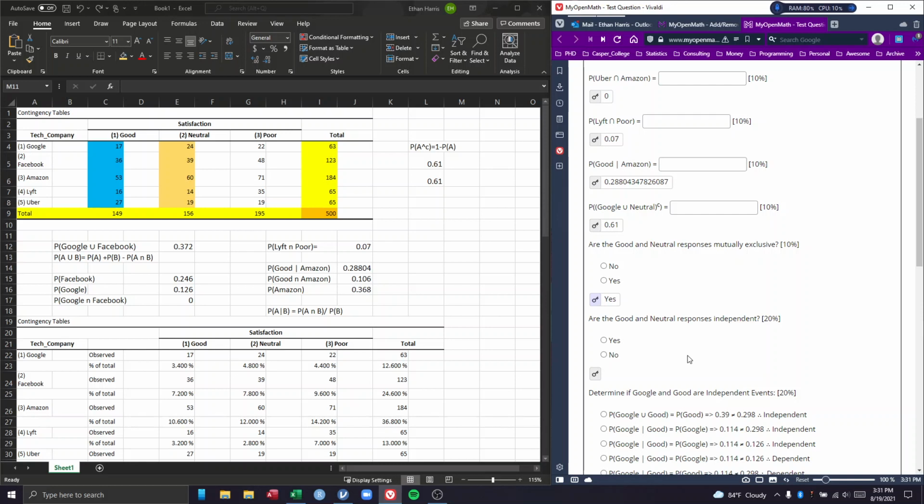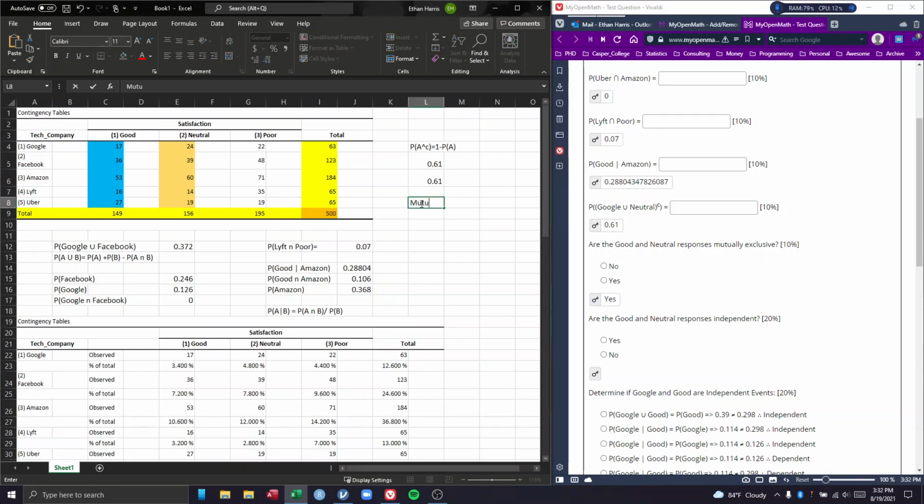Okay, the next one: are good and neutral responses independent? This one is a little bit tricky. What does independence actually mean? Sometimes people think that mutually exclusive means that they are independent. That's not what it means. Let's type this out real quick.